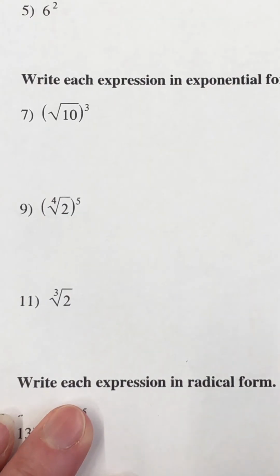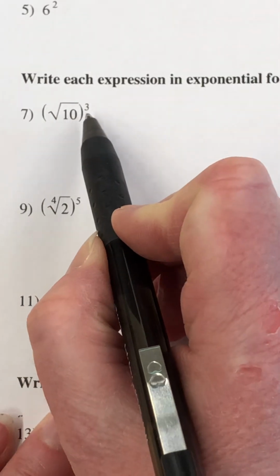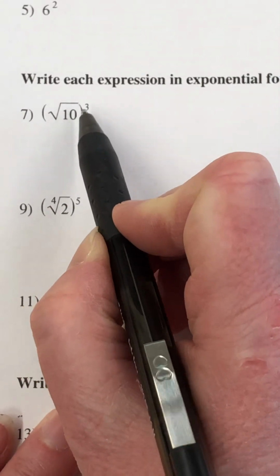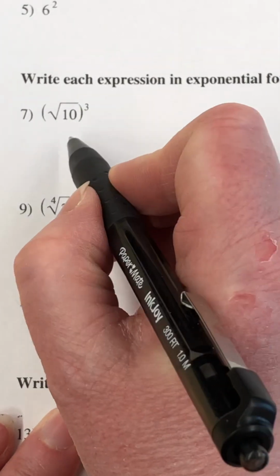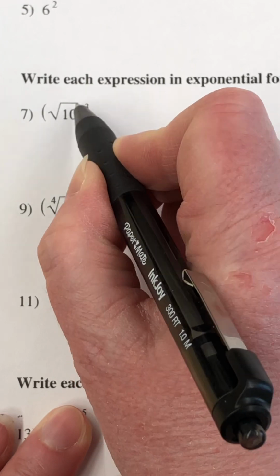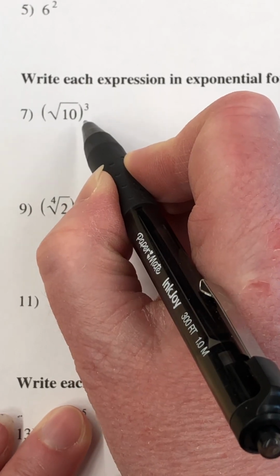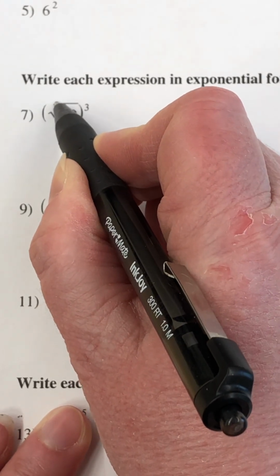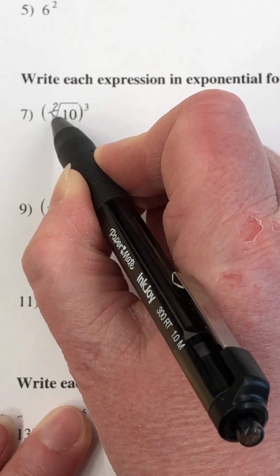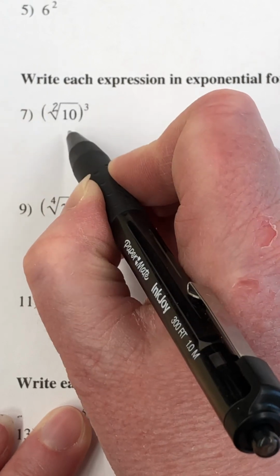let's say number 7 here, inside, so this is that power raised over power. This is inside, it's cubing it. So you have a square root out here.